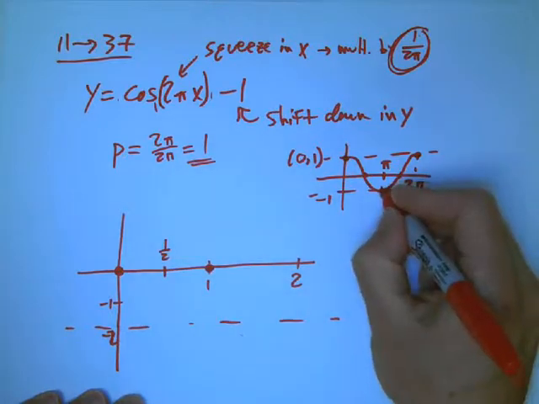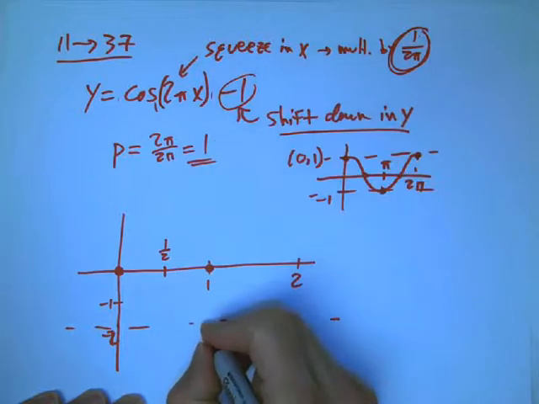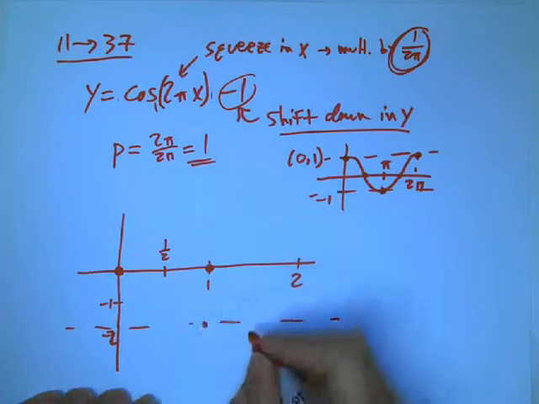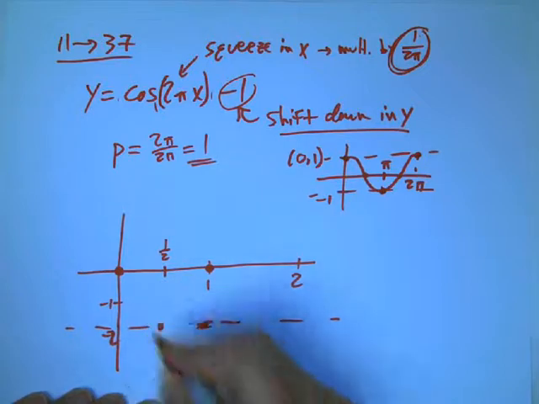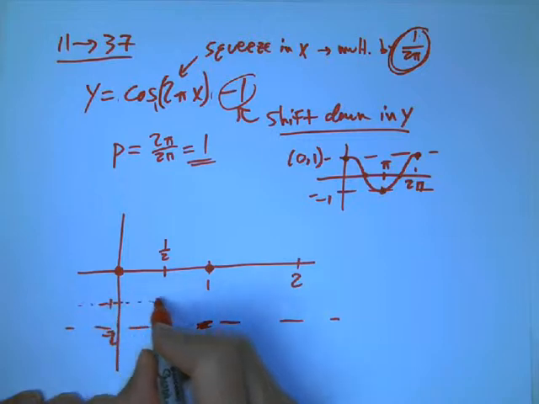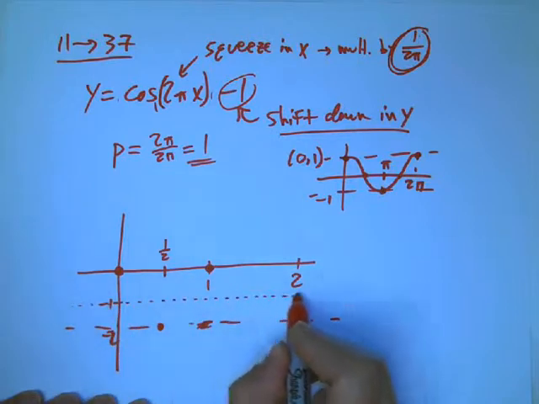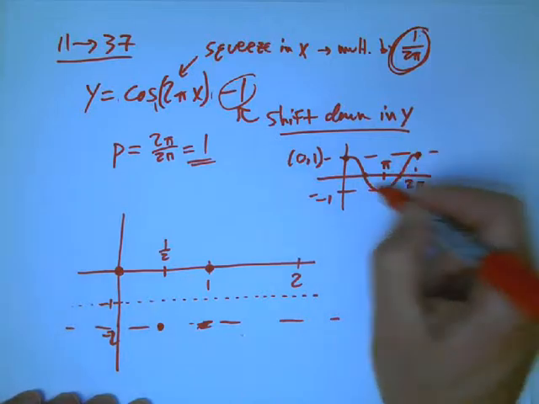Those are the 2 high points. Now, I don't even have to do a whole lot of algebra here. At 1/2, it's down at its minimum. Okay, that's going to be that minus 1 point shifted down by 1, and so it's going to be here. Oops, sorry, was not paying attention. That's at 1/2. There we go. Okay, and then the center line. Let me dot that in as well with maybe a different kind of dots.